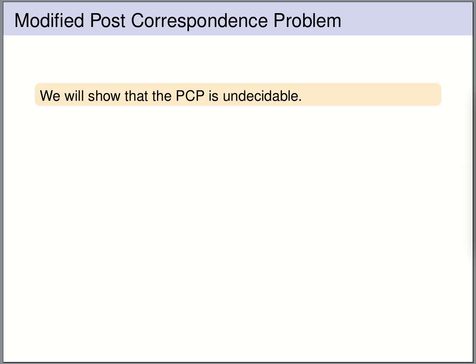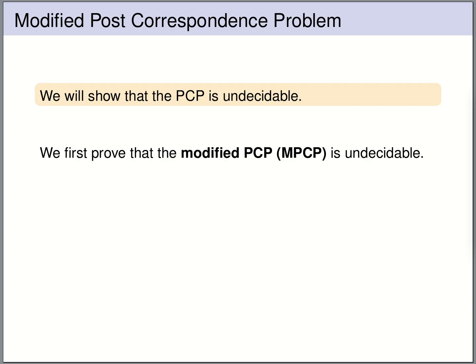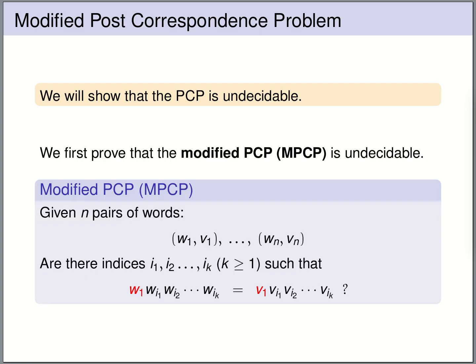In order to prove that the post-correspondence problem is undecidable, we will do one small intermediate step. We are going to first prove that the modified post-correspondence problem is undecidable. It's almost the same as the post-correspondence problem, but it has one additional rule. It says that you have to start with the first pair.